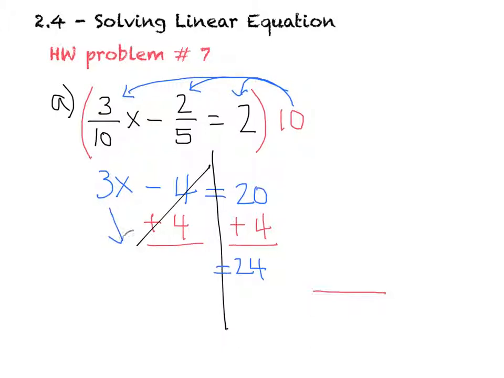We can bring down this 3x. Anytime you have a number pushed right up next to a variable, remember that that's a multiplication problem. So since this is a multiplication problem, the inverse operation would be division. We'll divide both sides by 3. 3 divided by 3 will cancel out, and we're left with x equals 8. And that would be our final answer.